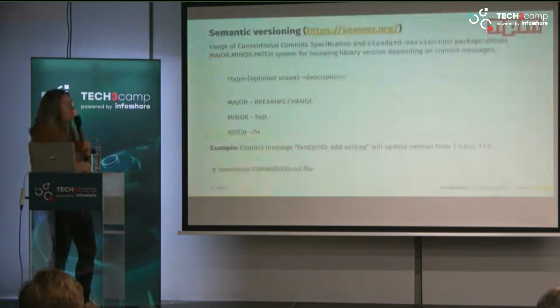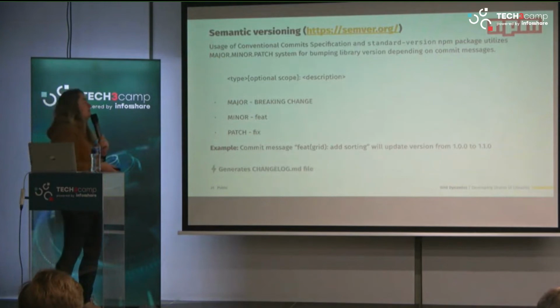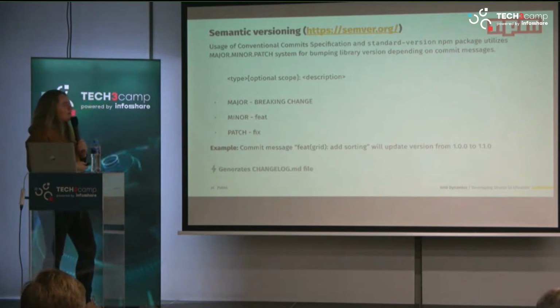And here, three small things. First of all, use semantic versioning. It's not only for NPM libraries, but it's a really easy and powerful thing that will allow you to implement versioning.